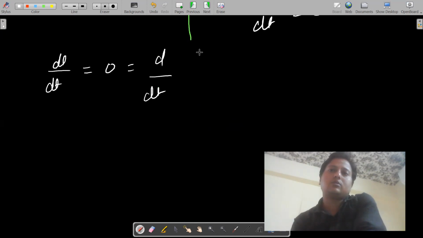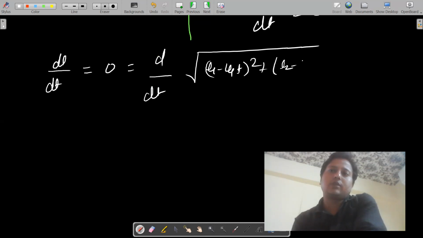So solving, dL over dt must be equal to 0. And what is L? L we know is the square root of (L1 minus u1t) square plus (L2 minus u2t) square.